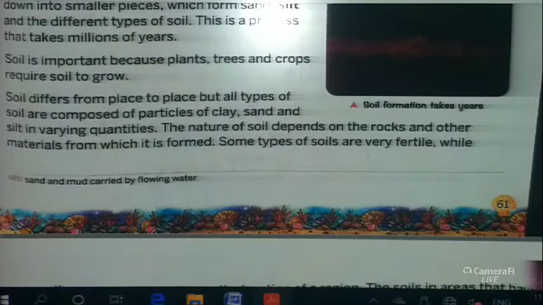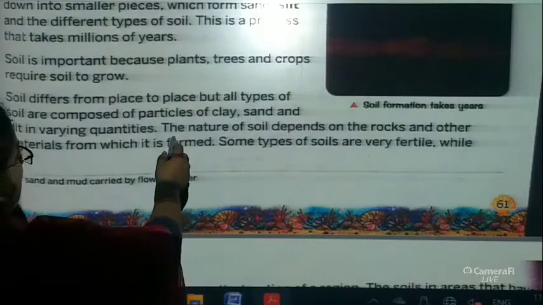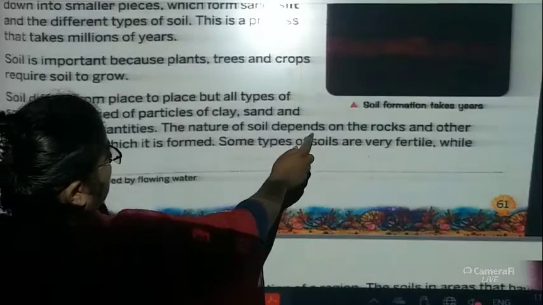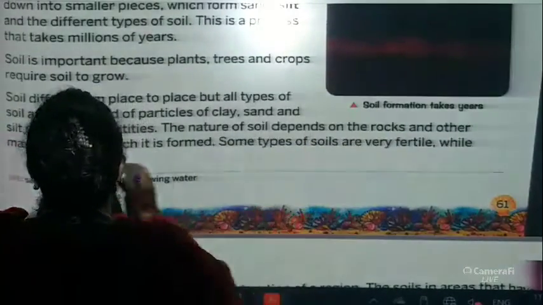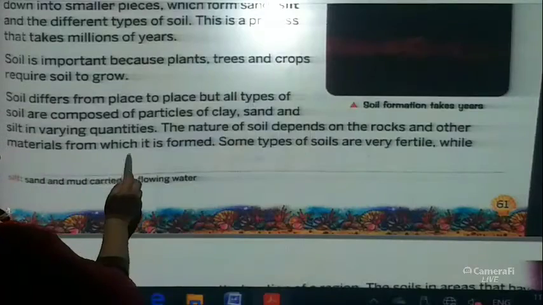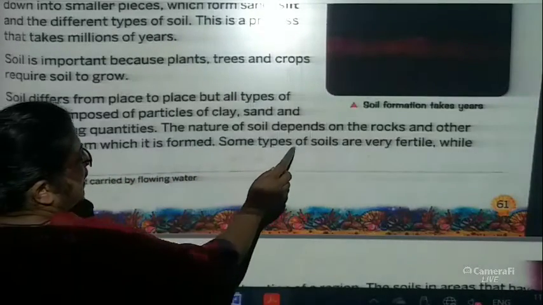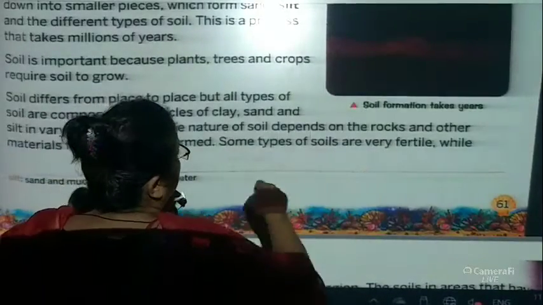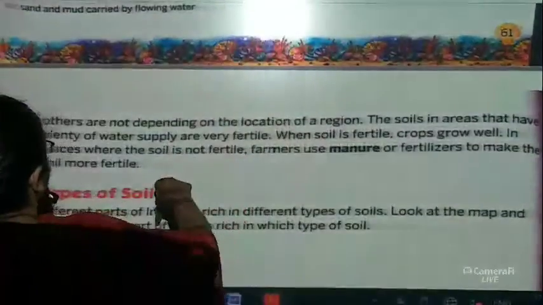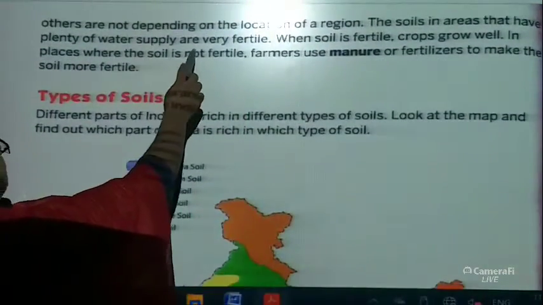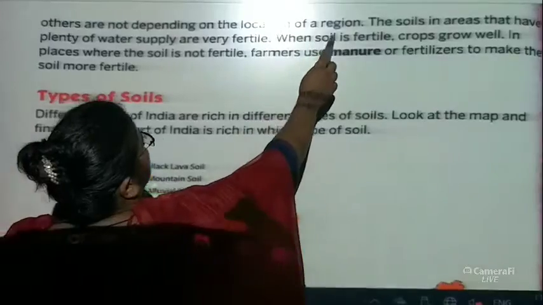Maybe somewhere the clay is very much, or the sand is very much, or somewhere the silt is very much. Okay. The nature of soil depends on the rocks and other materials from which it is formed. Some types of soil are very fertile, while others are not, depending on the location of a region.